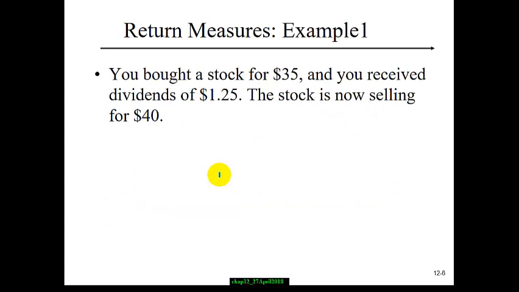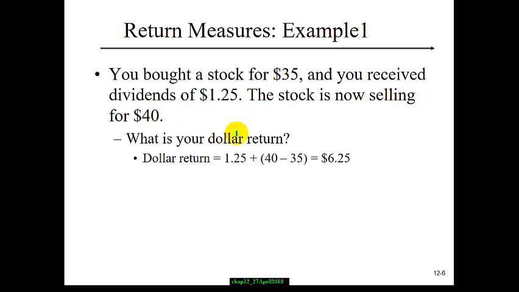Let's take a look at one example. You bought a stock for $35 and received a dividend of $1.25. The stock is now selling for $40. So what is your dollar return? As the cash dividend is $1.25 and the stock price changed from 35 to 40, the total dollar return is $6.25.